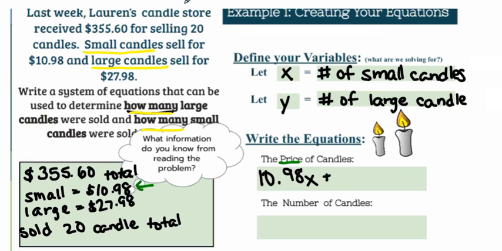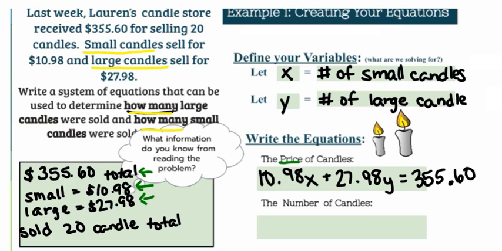And we know that our large candles cost $27.98, so $27.98 multiplied by however many large candles we sold, Y. The price that we earned for selling all of our small candles and all of our large candles is going to equal our total, which is $355.60.